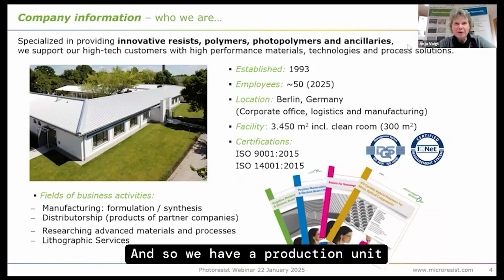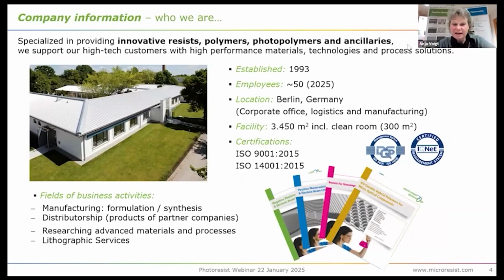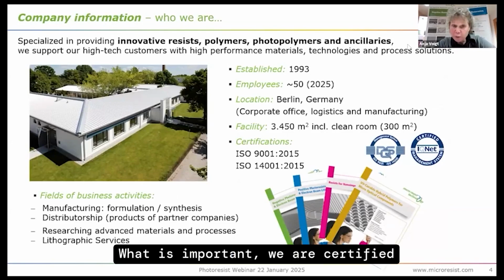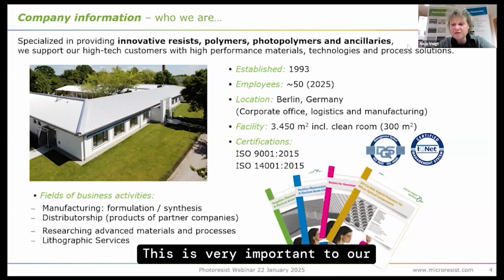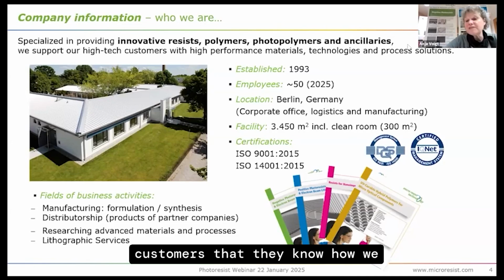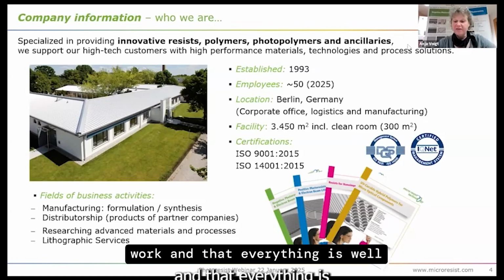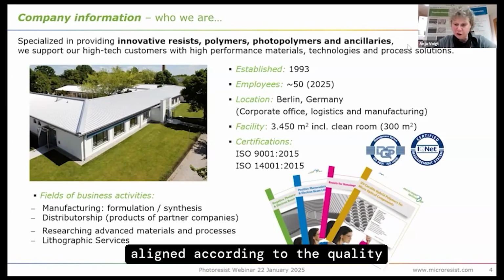And so we have a production unit and a clean room. What is important, we are certified according to the quality and the environmental management system. This is very important to our customers, that they know how we work and that everything is well aligned according to a quality management system.